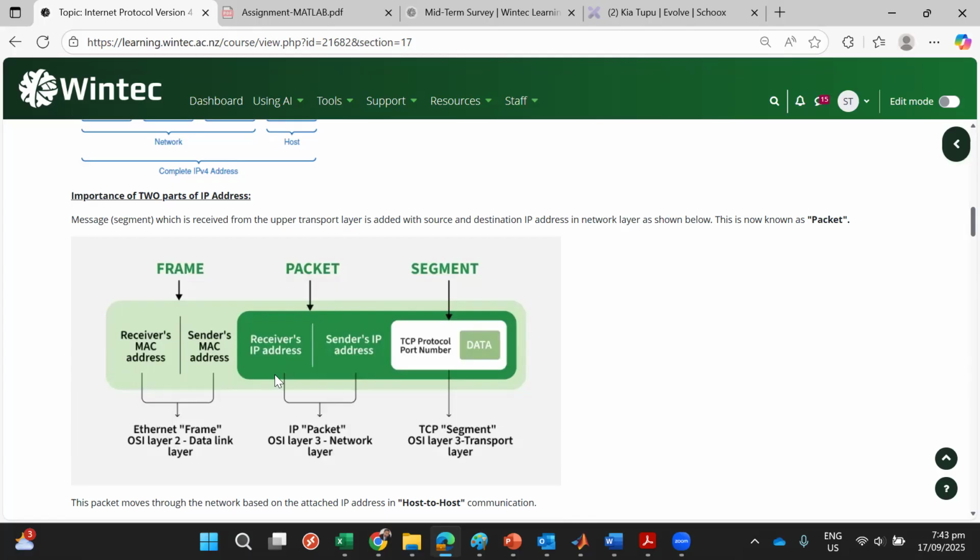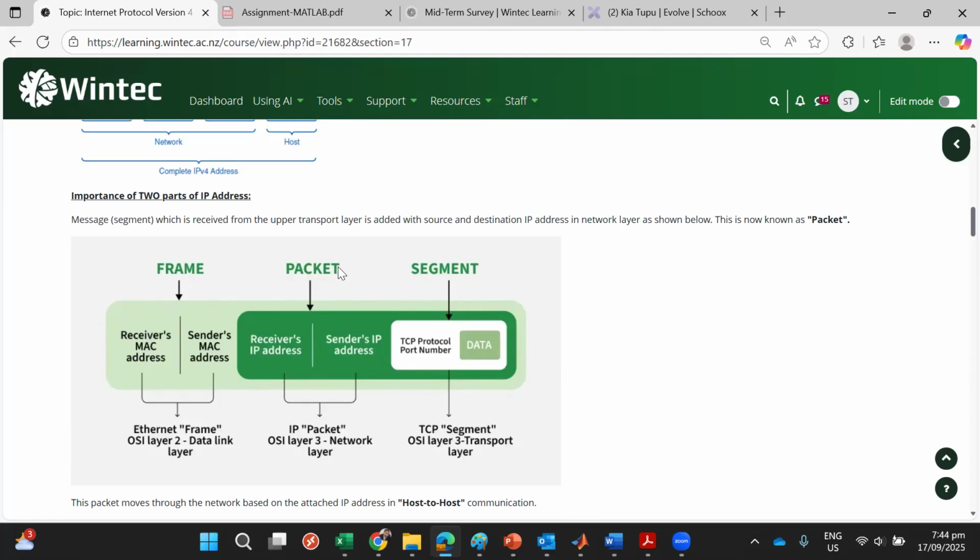Whenever it's traveling, it finds the nearest device that it is directly connected to, and the message jumps from one device to another where it is connected. And this is done using the MAC address, so this is the frame in the data link layer communication.